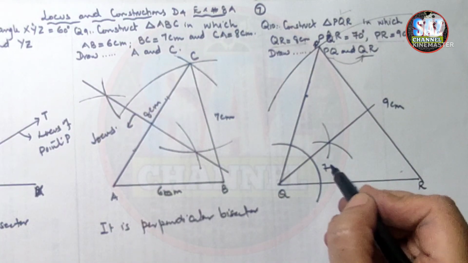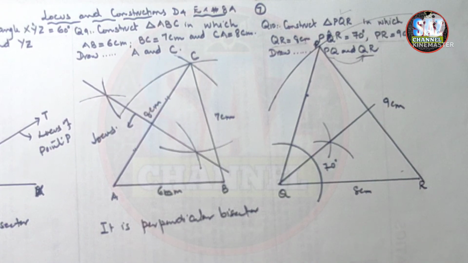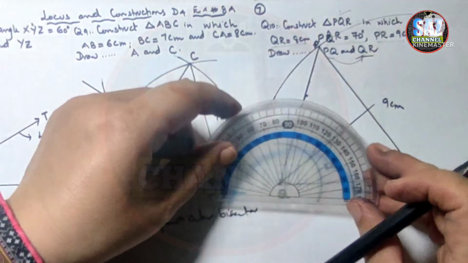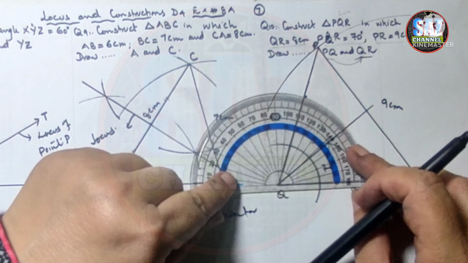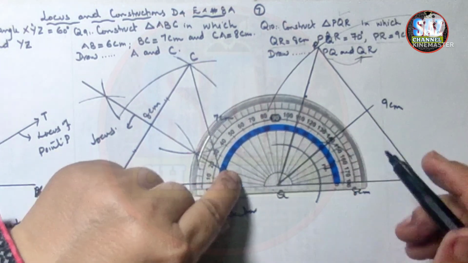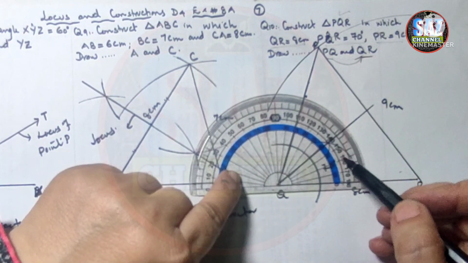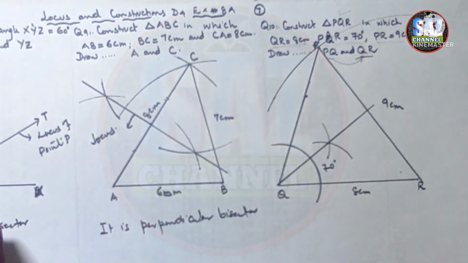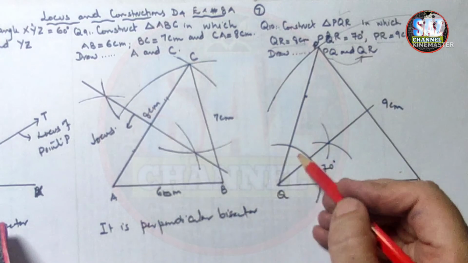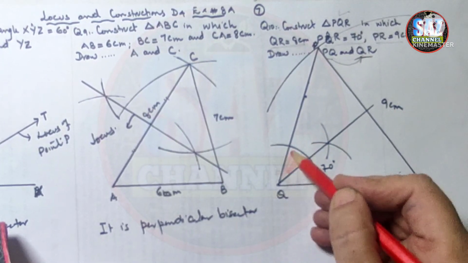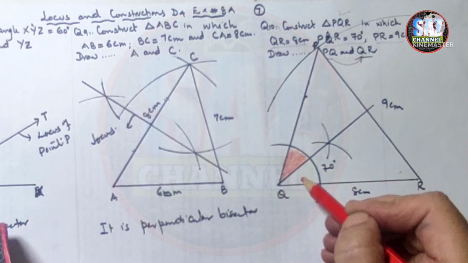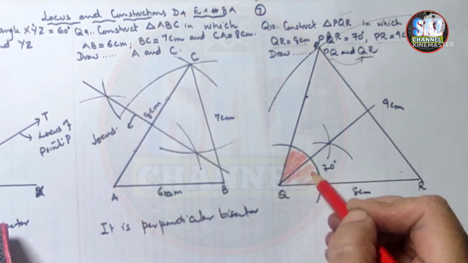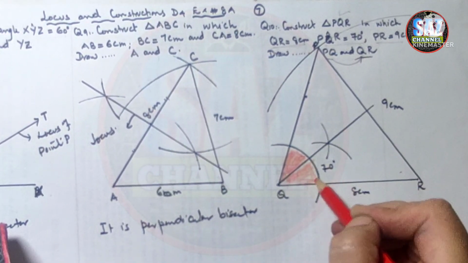Basically this angle was 70 degrees, and due to the angle bisector we can see, look, almost 35 on the top side and 35 on the bottom side. So the angle bisector is dividing the angle into equal halves, and the position of point P will be on this line somewhere.